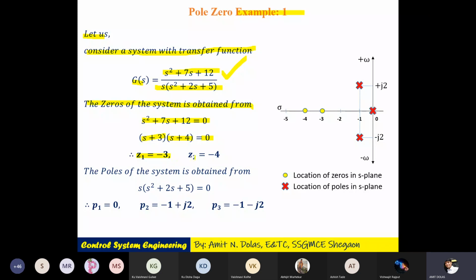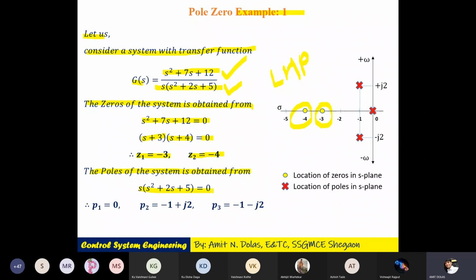The poles of the system can be obtained, of course, by putting the denominator equal to 0. So the denominator is kept equal to 0. You can directly write s is equal to 0. So the first pole will be a simple pole, that is p1 equal to 0, which is kept here on the s plane. Then for the other, we can put s square plus 2s plus 5 equal to 0.